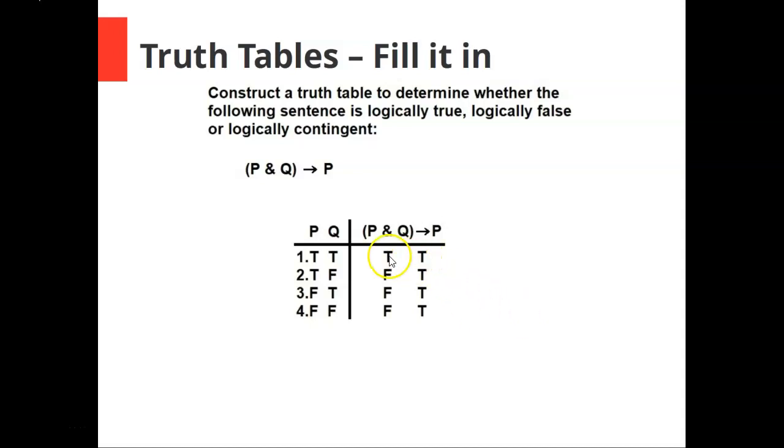In line 1, you have a true antecedent and a true consequent. In line 2, you have a false antecedent and a true consequent. You have a false antecedent and a false consequent on line 3, and then false and false on line 4. So in each line, it comes out as true, because in no line is the antecedent true and the consequent false. So now we filled our truth table in.